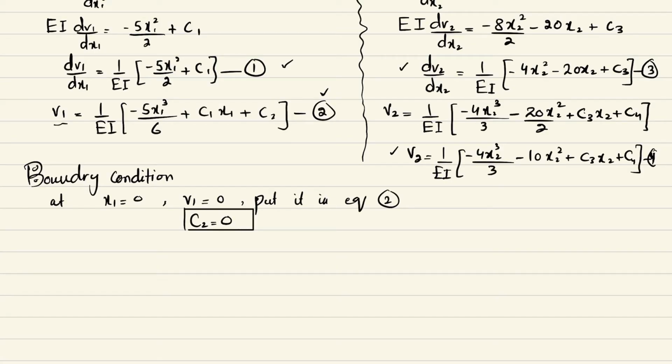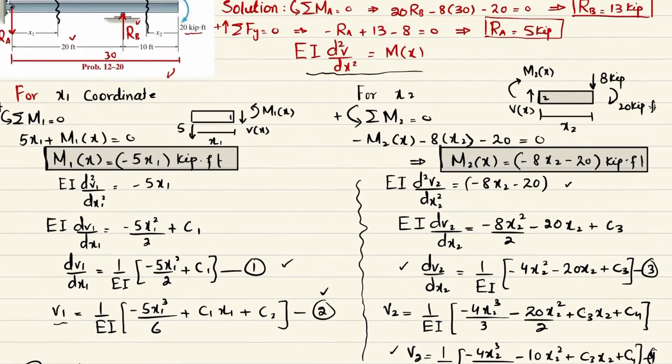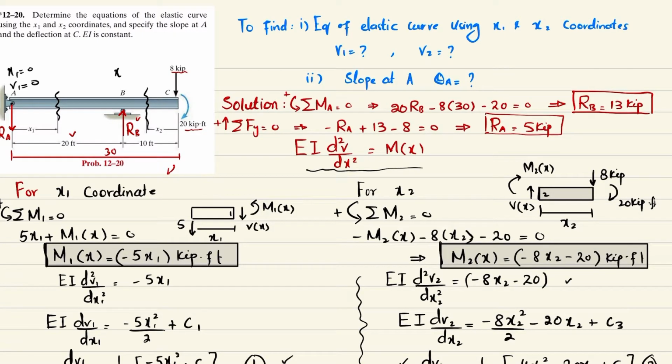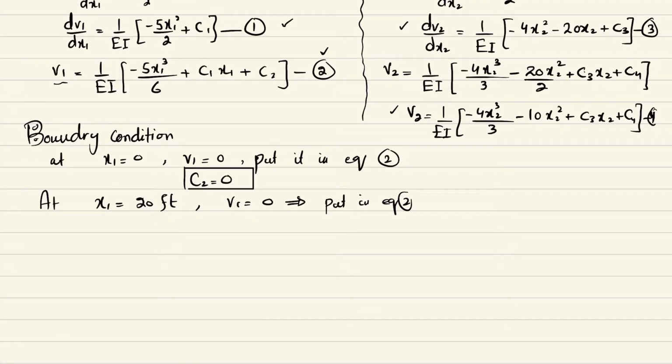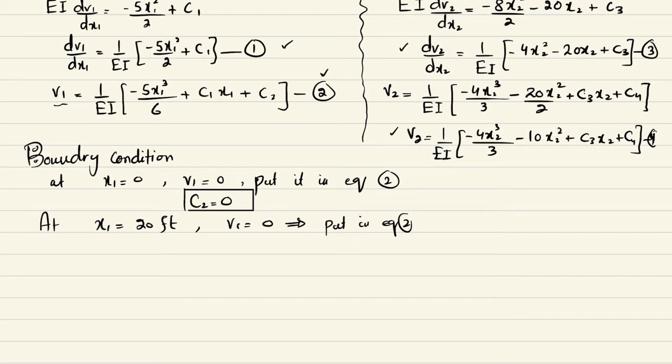Now we put in another boundary condition: at x1 = 20 feet, v1 = 0, and also put it in equation 2. You can see here at point B, x1 is 20 feet, and v1 = 0 because there is a support. So in equation number 2, v1 will be 0 and x will be replaced with 20 feet.